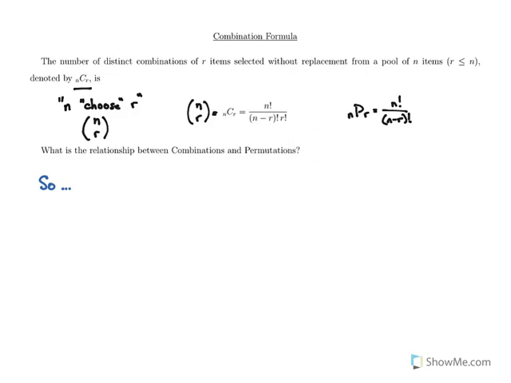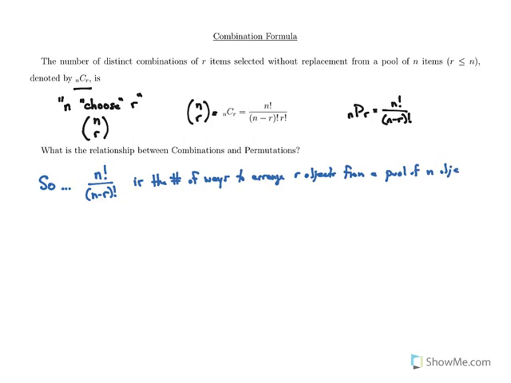So we can say that n factorial over n minus r factorial is the number of ways to arrange r objects from a pool of n objects. That's permutations. However, with combinations, the order is not important.